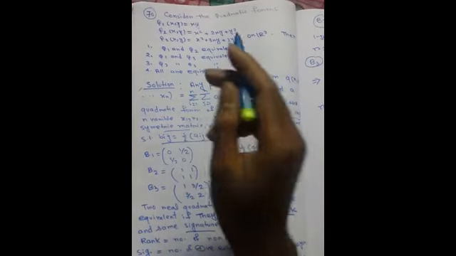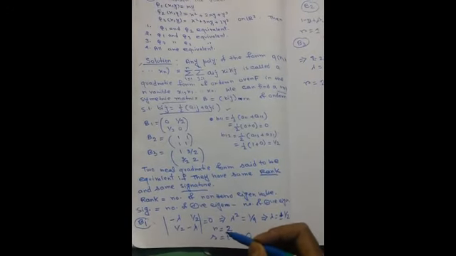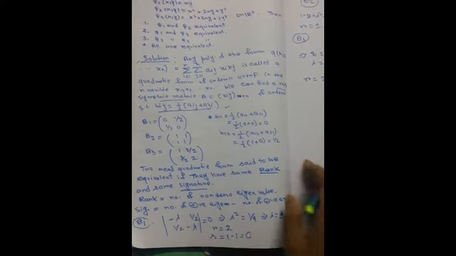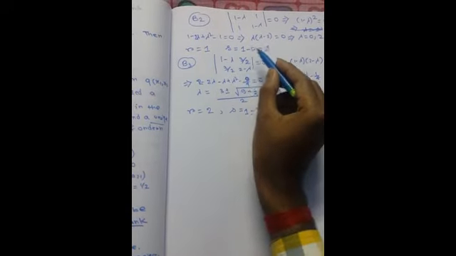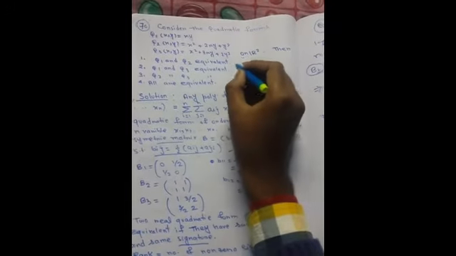Now we check the options. Q1 and Q2 are equivalent? The rank of Q1 is 2 and signature is 0. And here the rank is 1 and signature is 1. So Q1 and Q2 are not equivalent. Q1 and Q3 equivalent?